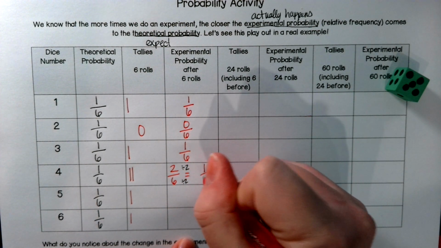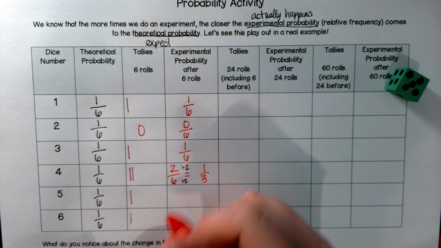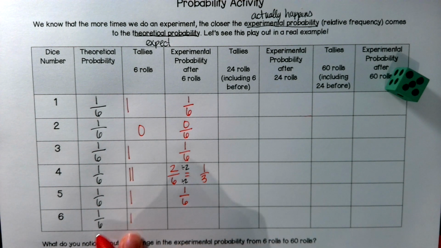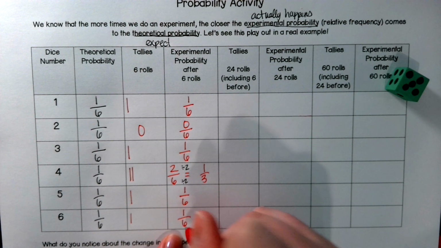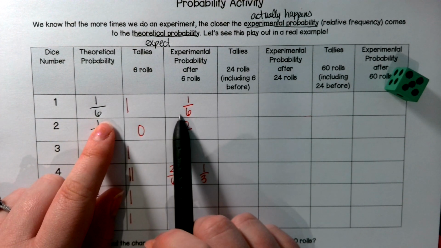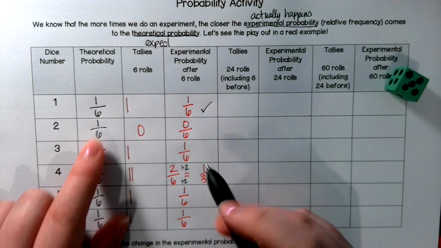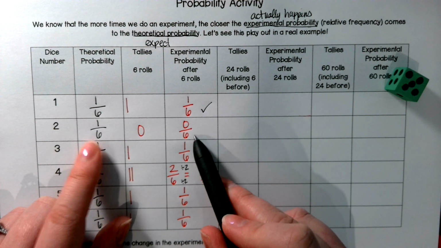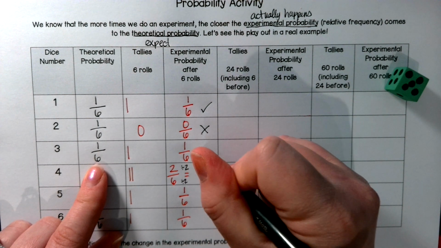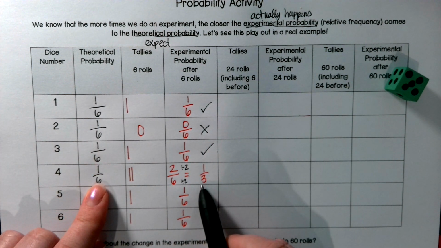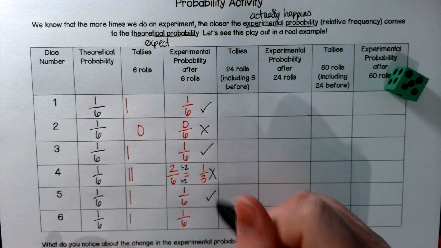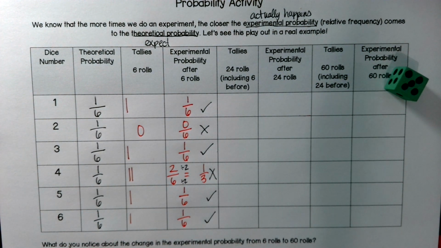I get 1/3 for the probability of rolling a 4. A 5 was 1 time out of my 6 rolls, and a 6 was 1 time out of my 6 rolls. So rolling the 1 matched. Rolling a 2, my experimental and theoretical probability did not match. My 3 matched. My probability of rolling a 4 did not match. My 5 and my 6 both matched.